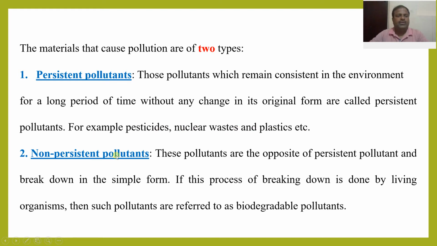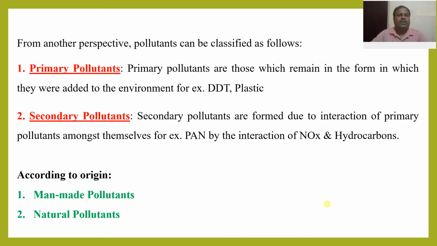So next one, non-persistent pollutants. These pollutants are the opposite of persistent pollutants and break down into simple form. If this process of breaking down is done by living organisms, then such pollutants are referred to as biodegradable pollutants. This is one type.